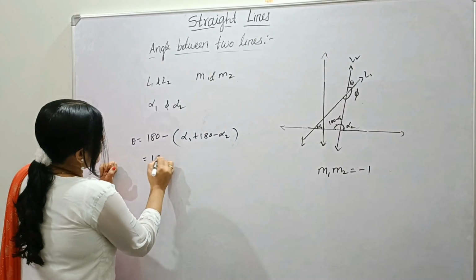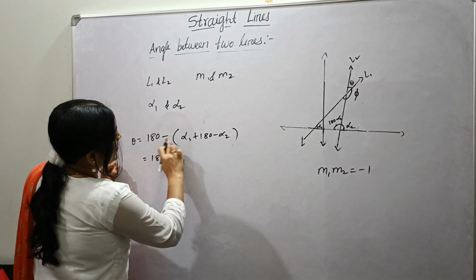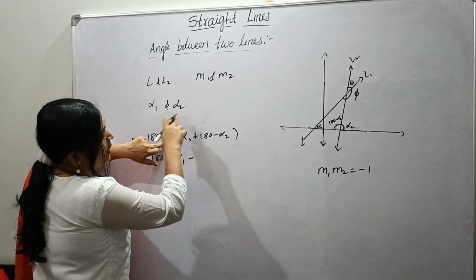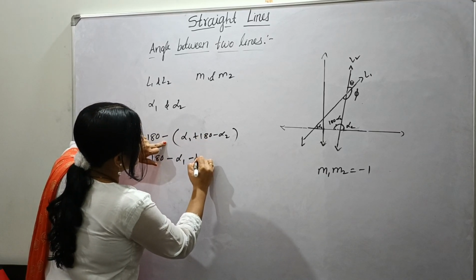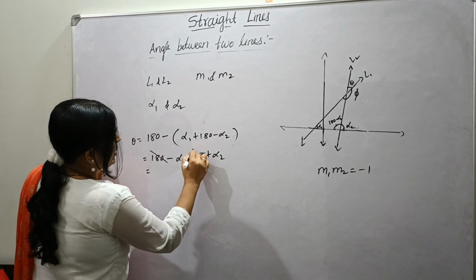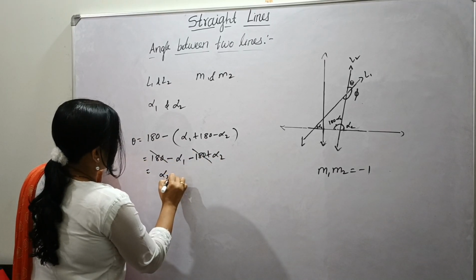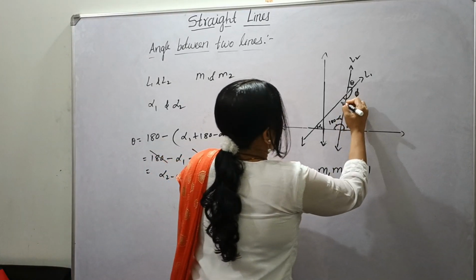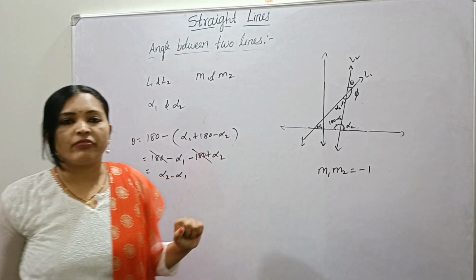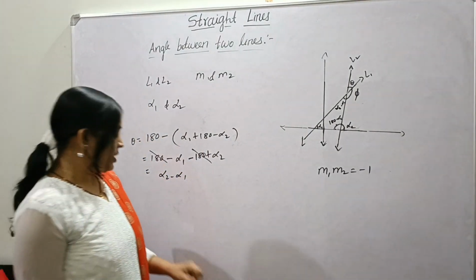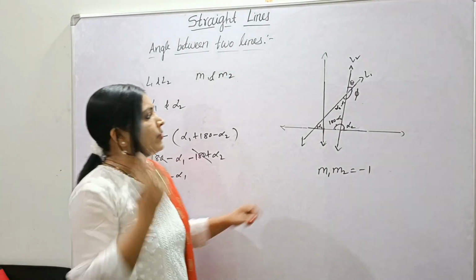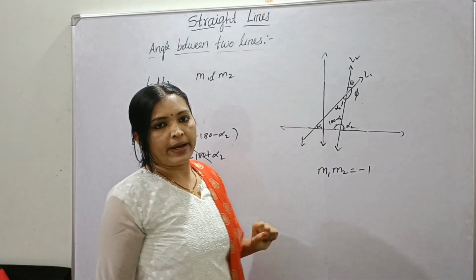That is 180 minus alpha 1 minus 180 plus alpha 2, multiplying the minus to each term. 180 minus 180 cancelled, so it is alpha 2 minus alpha 1. Therefore theta is equal to alpha 2 minus alpha 1. Now let us find alpha 2 minus alpha 1, because we have to find this angle.